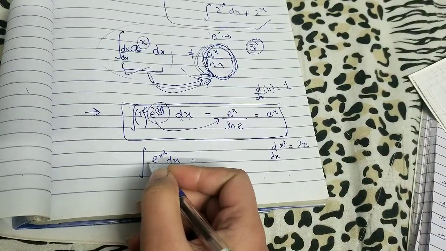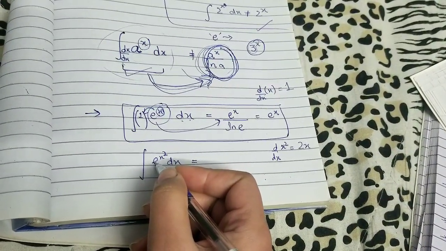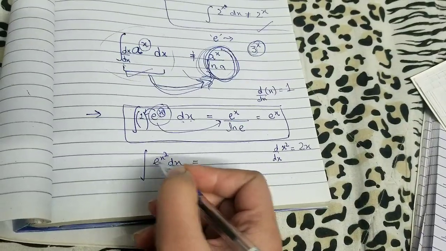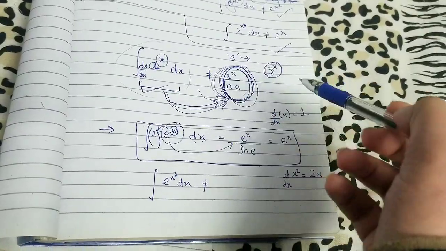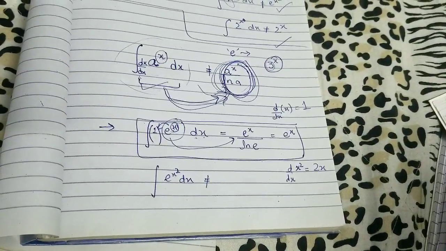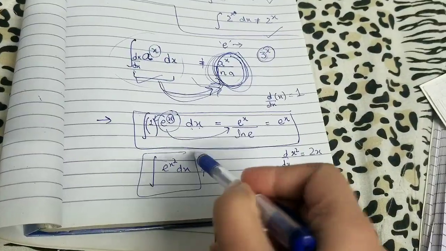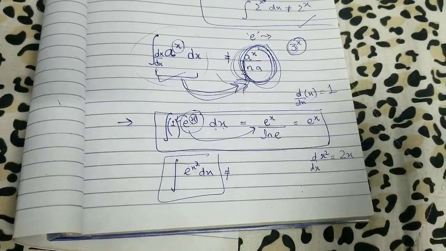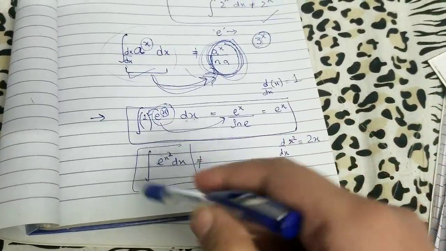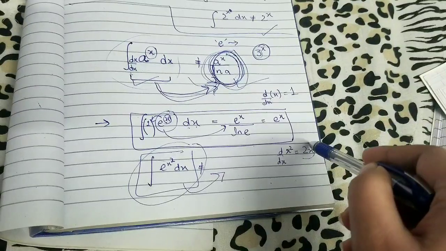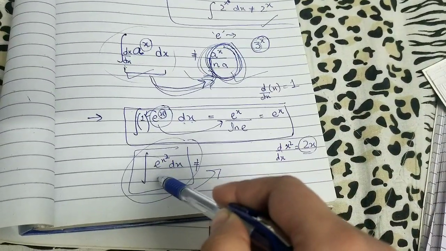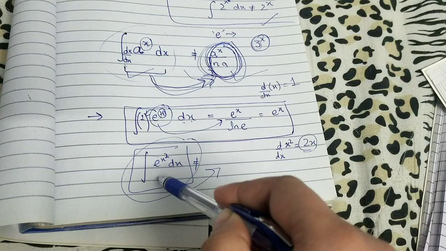We can see that there is no 2x besides the exponential function, so its integration cannot be simply written in this form. We have to use alternative methods to solve this integral, and I'll link the video in the description box where I have solved this integration. The reason is that the derivative of its power is not here besides the exponential function. We'll discuss the situation later in the video, where we'll see why we cannot simply multiply and divide by 2x here.